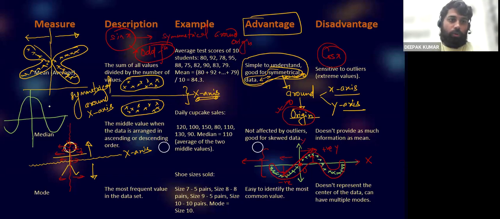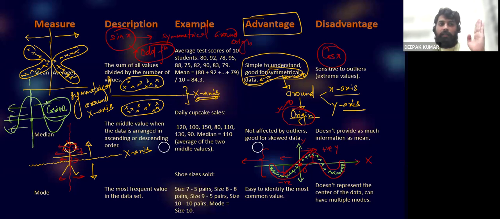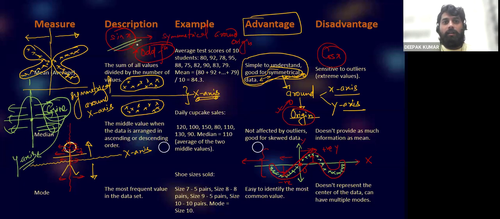So this becomes cosinusoidal, but it is not symmetrical about the origin. It is symmetrical about the y-axis. If you cut half of it, you will find the similar graph towards the left also. Can you see? So the cosine wave is symmetrical around the y-axis, the sine wave is symmetrical around the origin. That is why the sine wave is called an odd function and the cosine wave is called an even function.